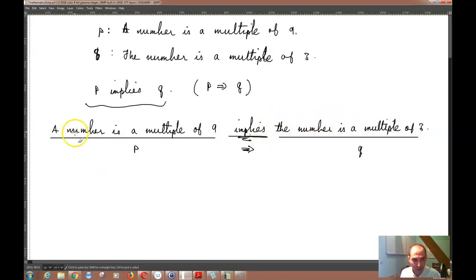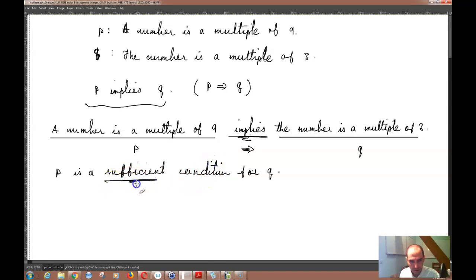Now what this means also is that P is a sufficient condition for Q. P is a sufficient condition for Q. That means that if a number is a multiple of 9, this is a sufficient condition for Q, which is that the number is a multiple of 3.